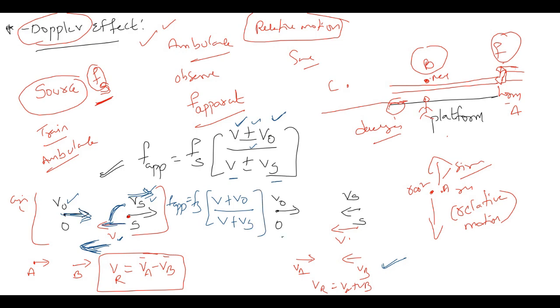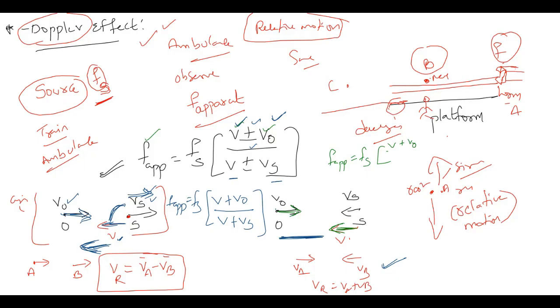Now let us take this case. For this case, what will be our formula? See here, F apparent is equal to Fs. This is common because from this formula we have to write. Now whether to take plus or minus, let us check. The relation between V and V naught: V is in this direction, correct? V naught is in this direction. Both are in opposite direction, so we need to take V plus V naught, correct?